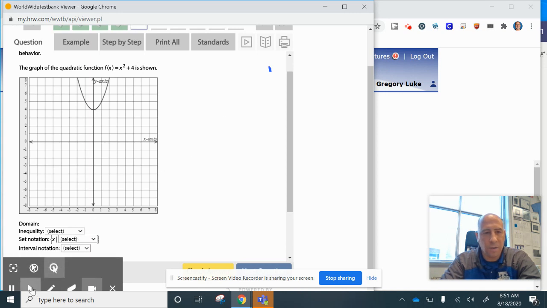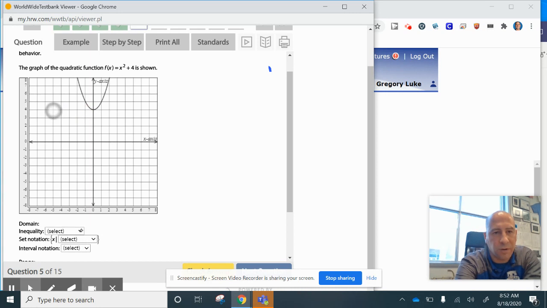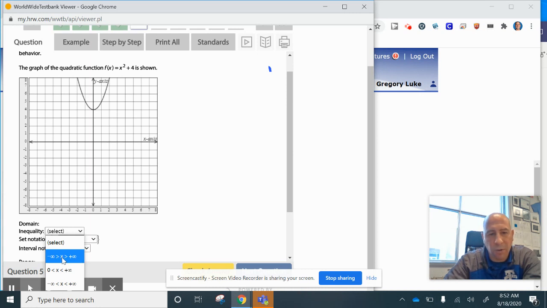All right. So let's look at the answer choices. So basically, domain here is infinite. It's going in the infinite direction, the negative direction. It's going infinite in the positive direction. So it's basically from negative infinity to positive infinity. So the answer is, now be careful. You never write the inequalities in this direction.